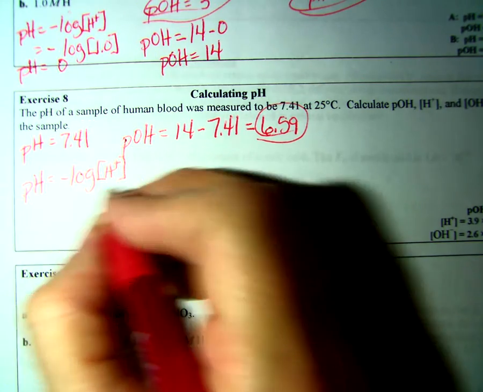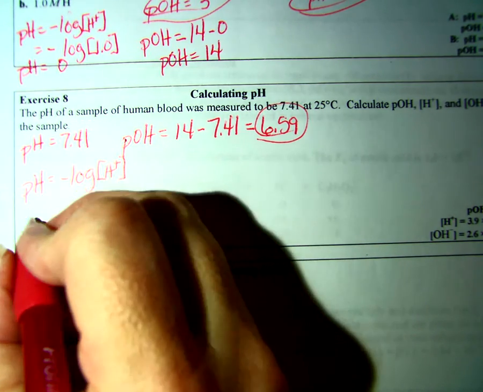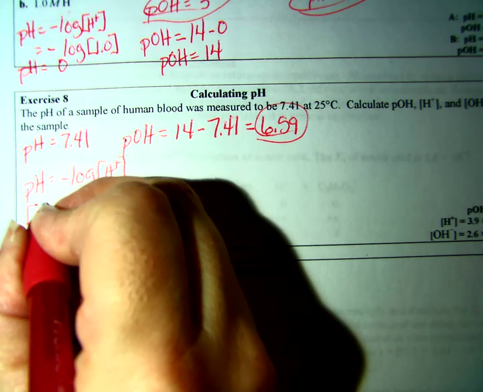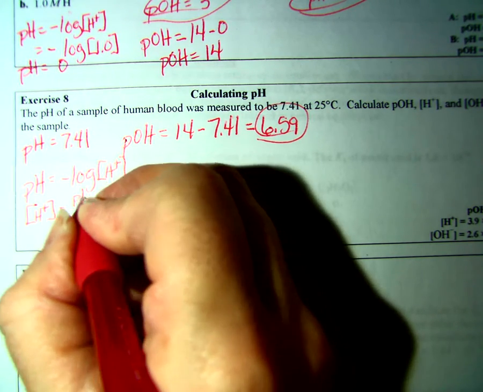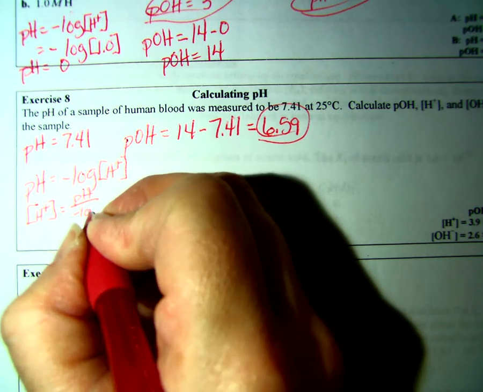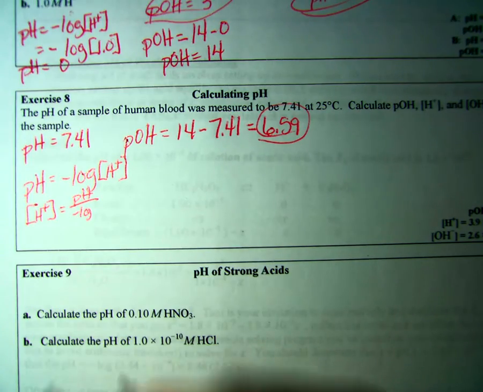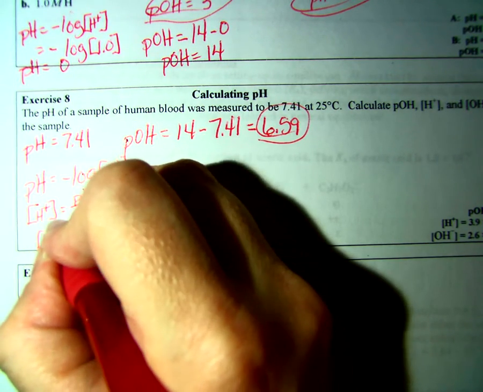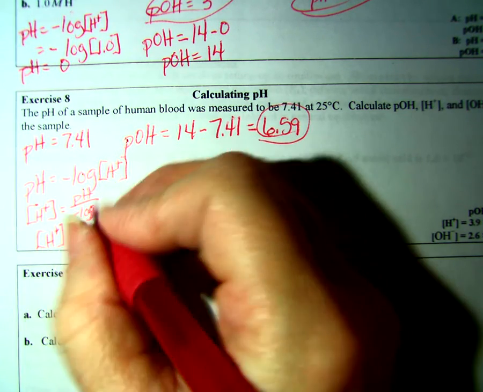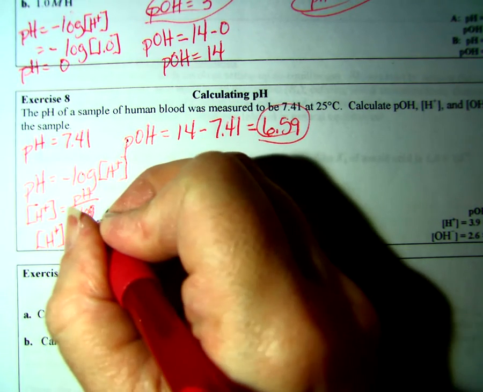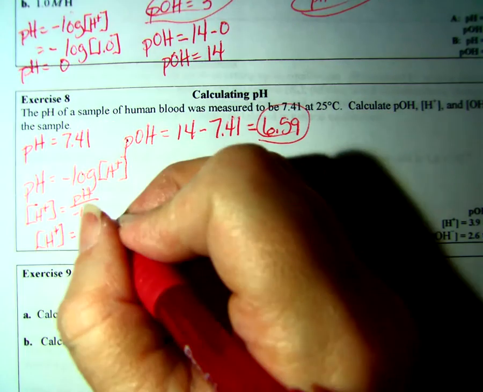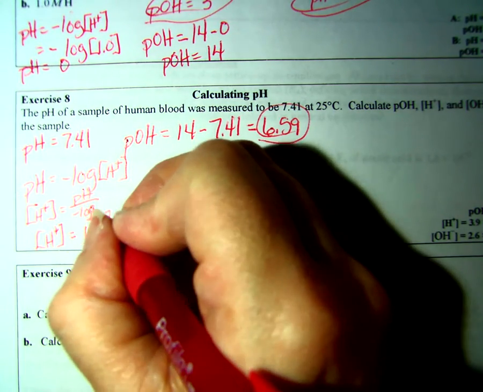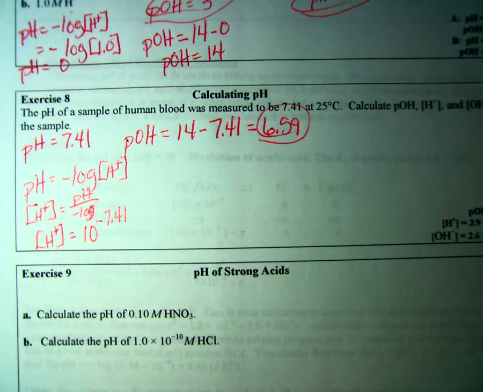So if I rearrange this equation, it really works out to be your inverse log. So the hydrogen ion concentration is 10 to the negative pH. And your pH is 7.41. So 10 to the negative 7.41.